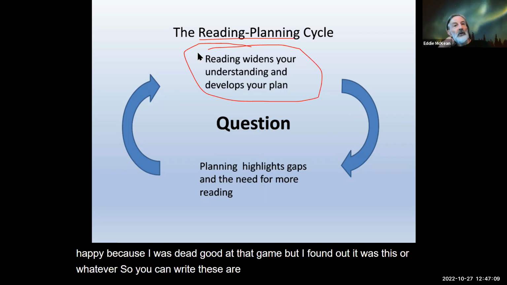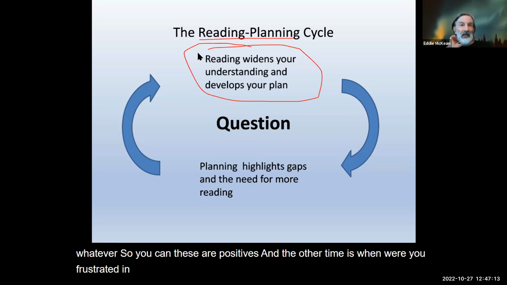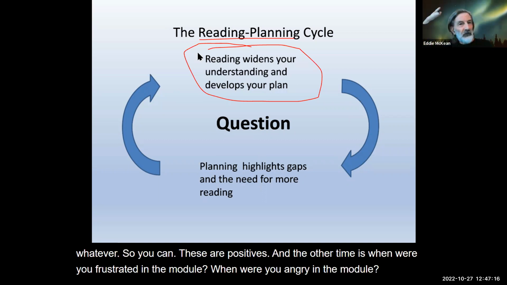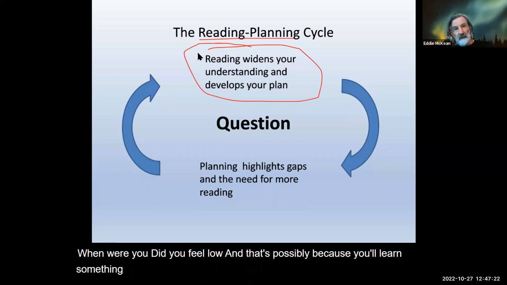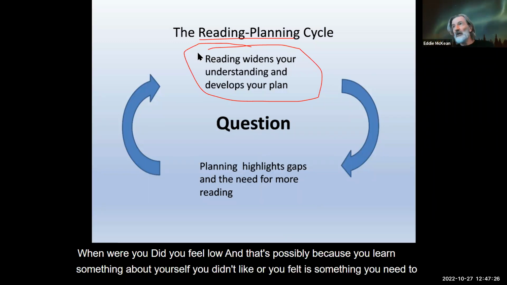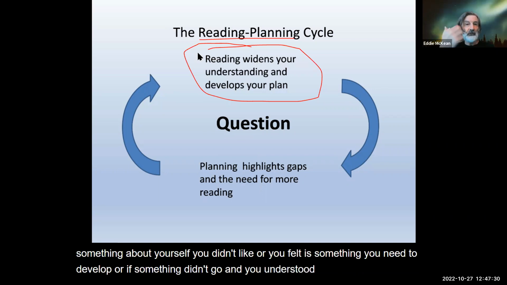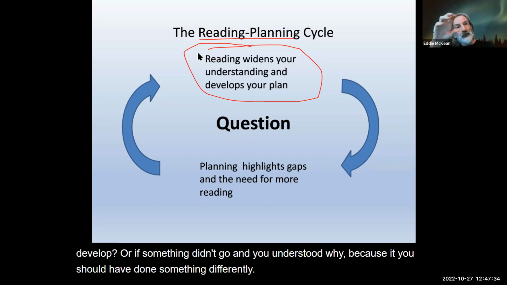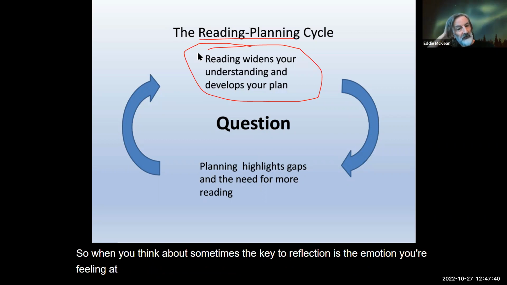And the other time is, when were you frustrated in the module? When were you angry? When did you feel low? That's possibly because you learned something about yourself you didn't necessarily like, or you felt it's something you need to develop, or something didn't go well and you understood why, because you should have done something differently. So sometimes the key to reflection is the emotion you're feeling at the time.